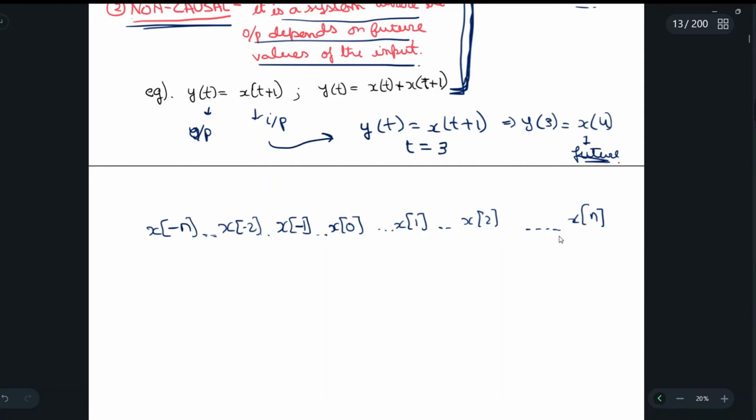So now guys, you will see that this is the present input, where x represents input. This is the present input at x = 0, and all these values that come after x(0) will be the future values. Alright, and this will be the past values.